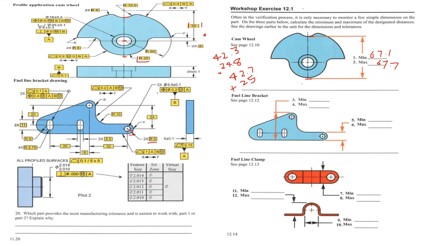So datum B is here, which is the position of a hole. When the hole is at MMC, then this datum B is at the maximum material boundary here. So this profile tolerance is not going to affect this total distance from here to here. We are calculating this number 3 for the maximum and minimum value.